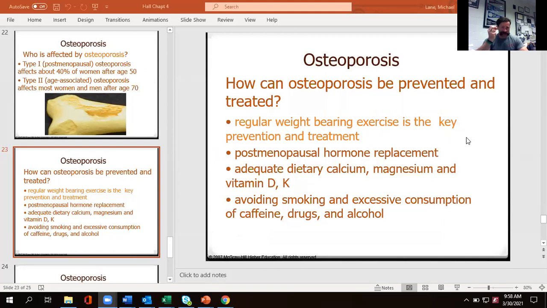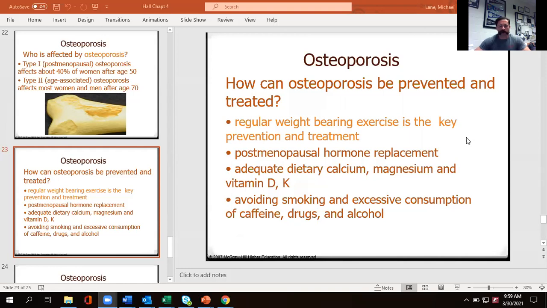Calcium and vitamin D are the top two, but vitamin K and magnesium are also important components, because magnesium helps spare calcium, and vitamin K is also important in your ability to increase bone mineralization and actually decalcify your arteries.